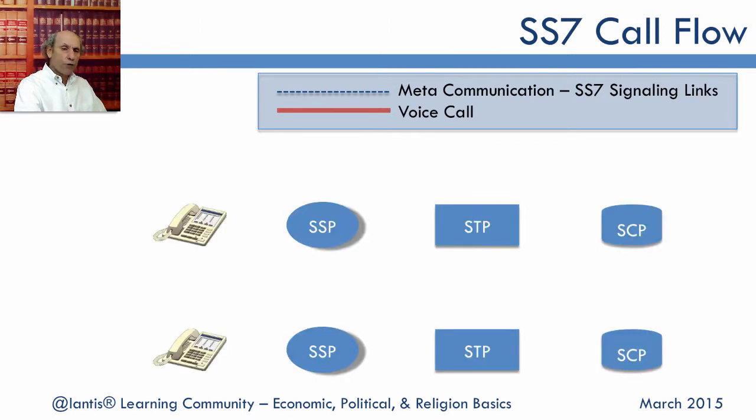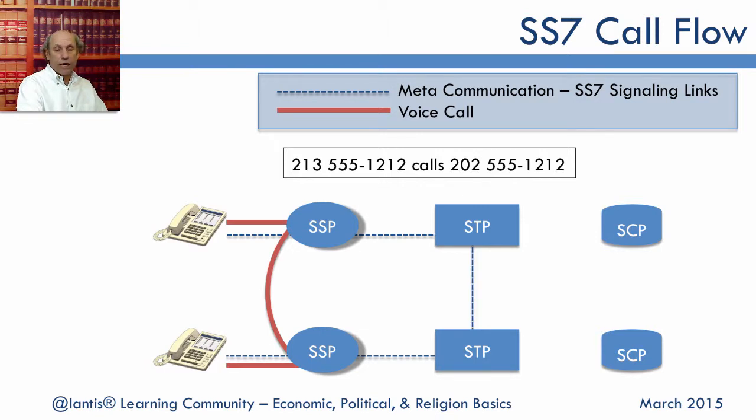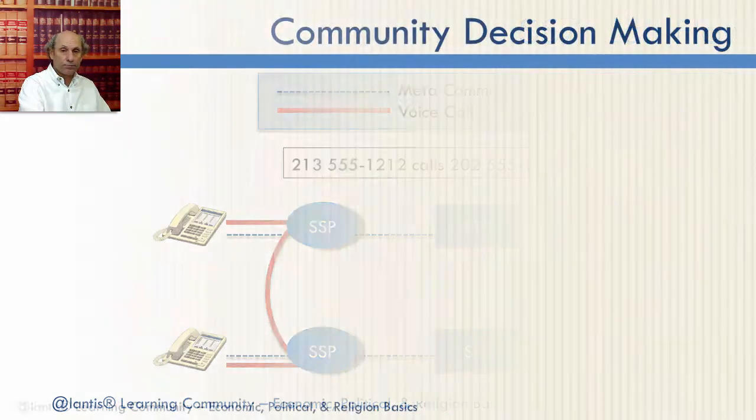If I look at a voice call now from Los Angeles to Washington, you first set up meta-communication. This is, by the way, where you get caller ID from. So the system says, hey, 213-555-1212 is calling, and that appears on your phone. If you then accept the call, then you make the connection. So you have now this new thing called meta-communication, or communication about communication.